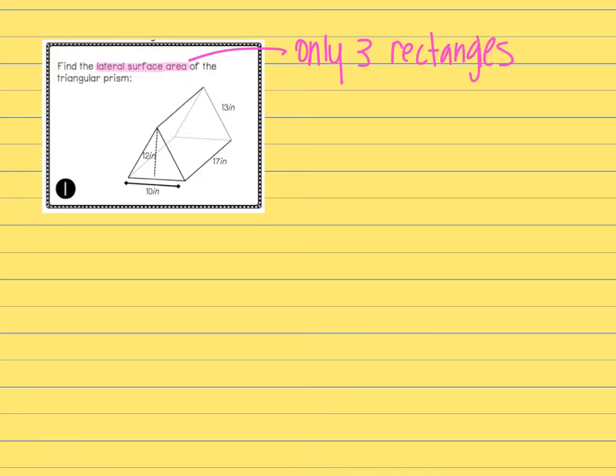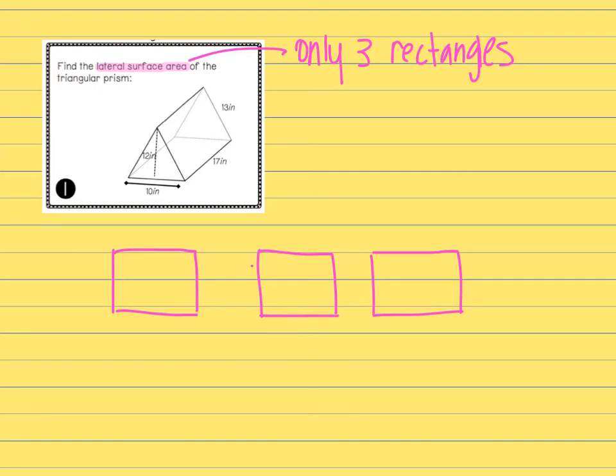rectangles. So I'm just going to draw those three pieces out separately. Okay, there's my three pieces.